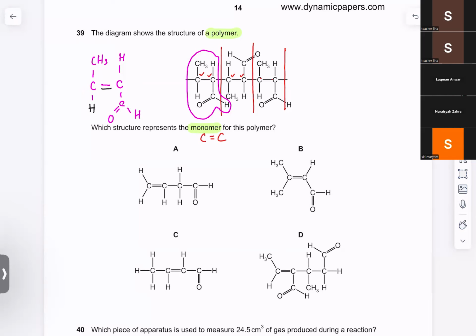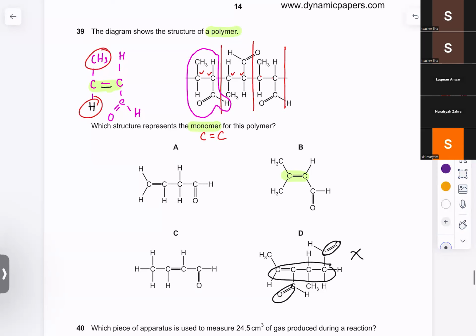Then you find the one. Okay, here there are 4, then you have 2 bonding in this one. Totally wrong, D. So D is totally wrong. This one, C double bond, but supposedly CH3, H. This one is CH3, CH3. So B is wrong.